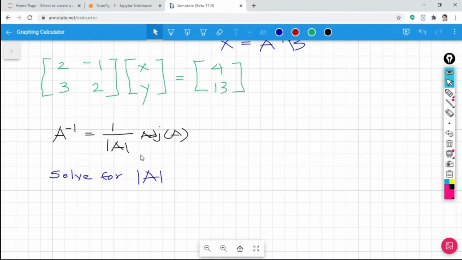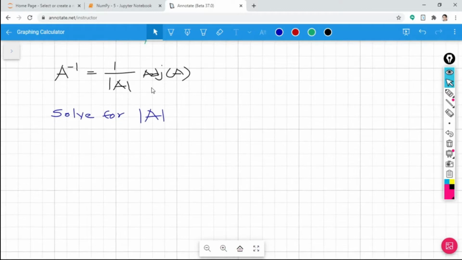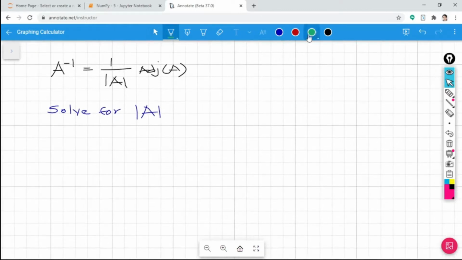Again, if you remember, in solving the determinant, this one is a 2 by 2 matrix. What you will do is AD minus BC.